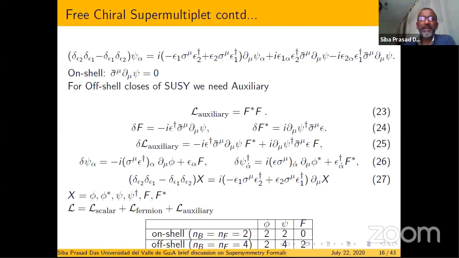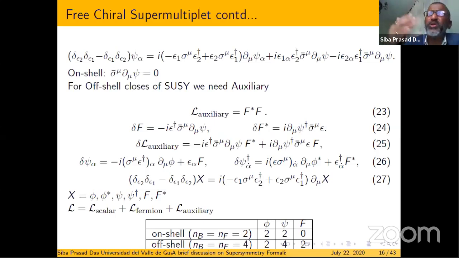The problem is that whenever I go to the off-shell case, I have some extra degrees of freedom, which basically come from the mass term of the corresponding fermion. And you know that whenever I have a mass term, generally I have a longitudinal polarization.